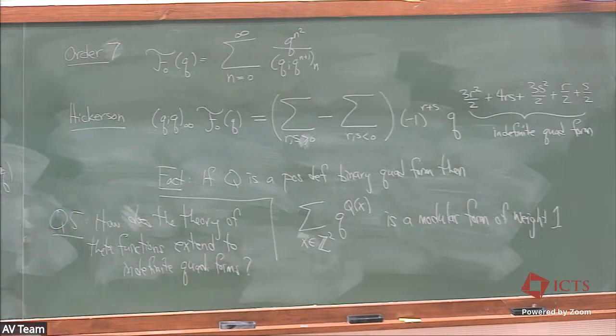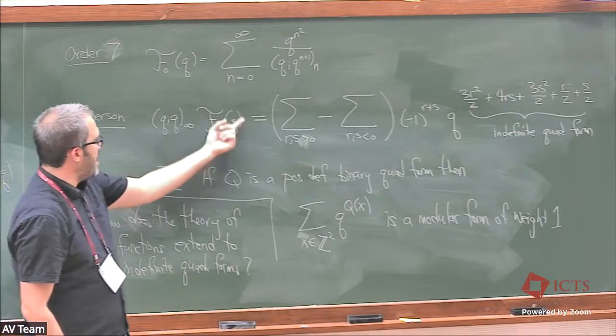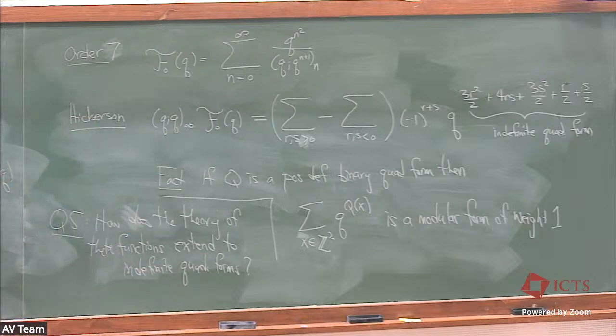And if we could answer that question, then, because of this formula, maybe that can give us some information about at least this 7th order Mock theta function and others.